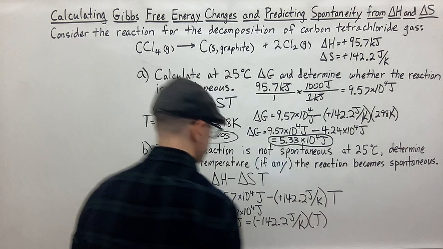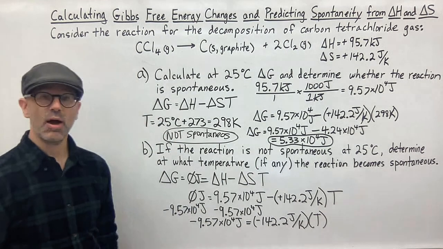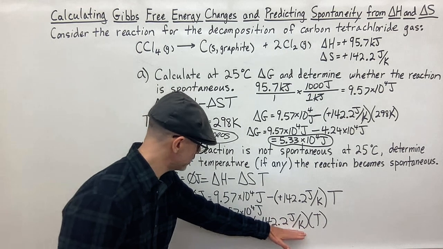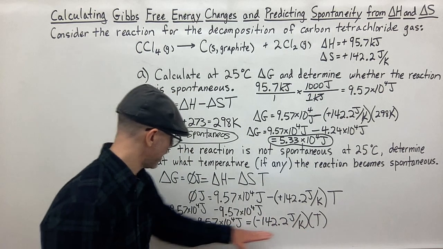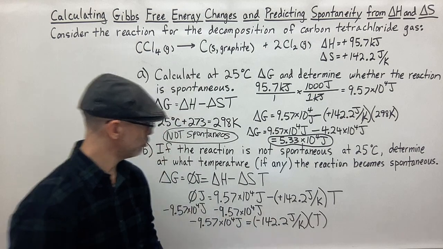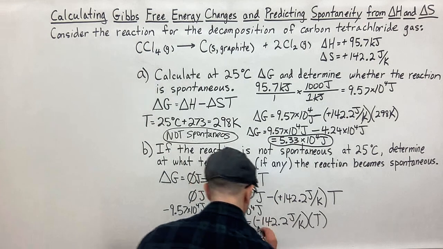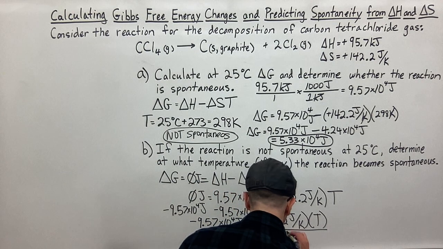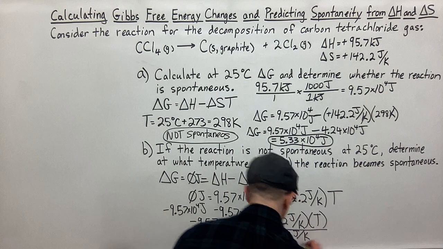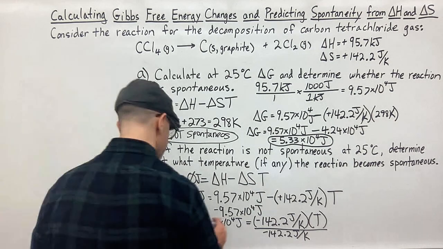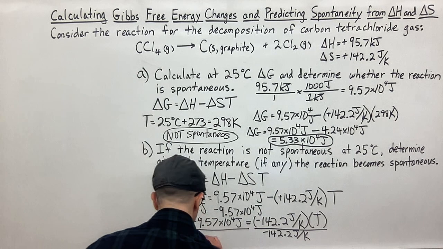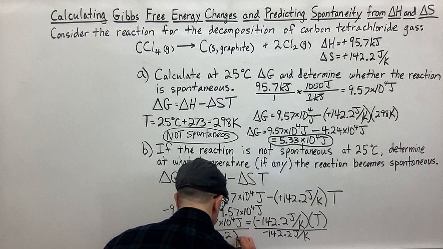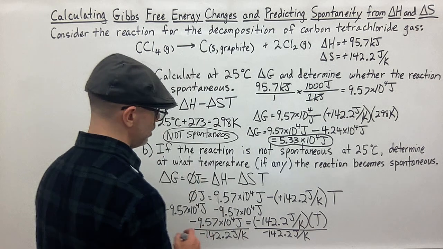times T. So now all we need to do to find the temperature is divide both sides by negative 142.2 joules per Kelvin. So go ahead and do that. Divide it there, and divide negative 142.2 joules per Kelvin there.